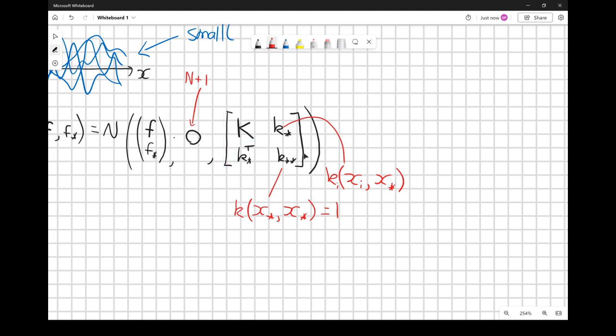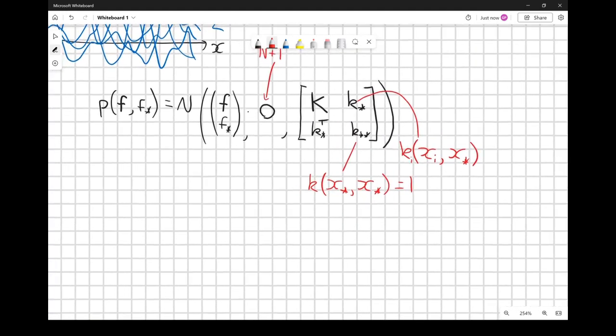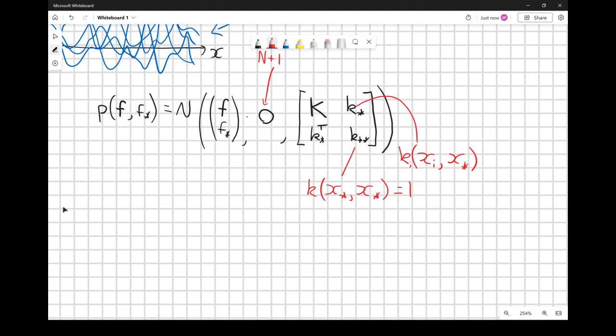So now we've expanded it by one element, we just need another 1 here, so it's still 1s all on the diagonal. So before we think about what this value of f star could take, the first thing we need to note is that because we've already defined the kernel, we can include this in our prior over f and f star.